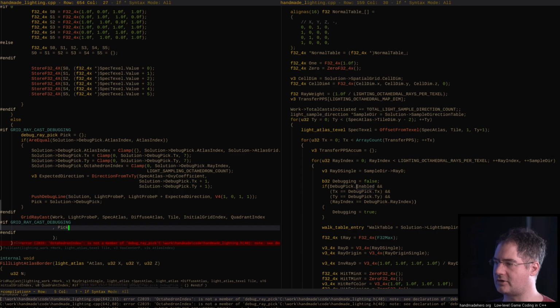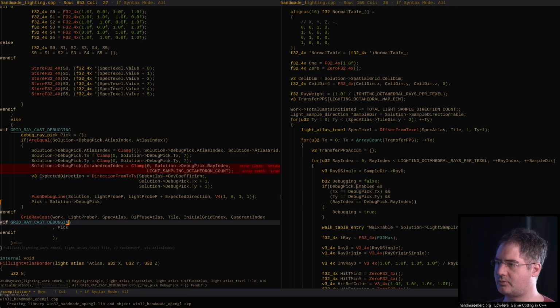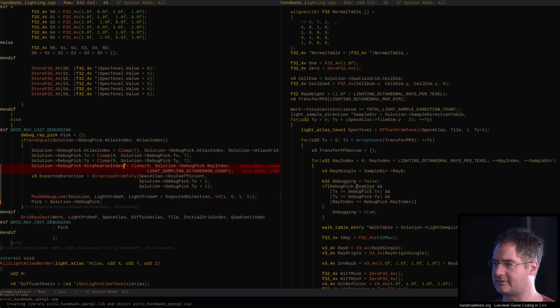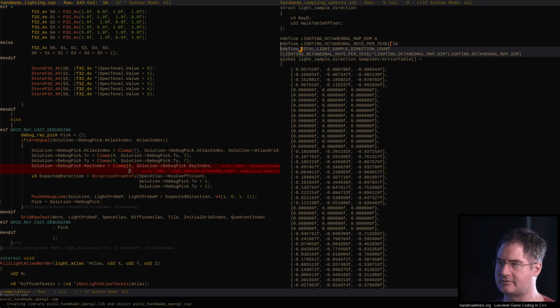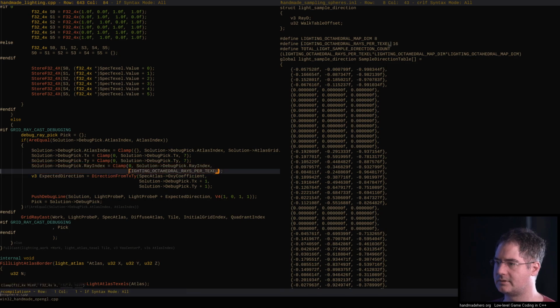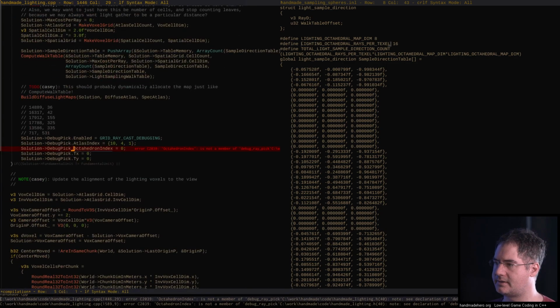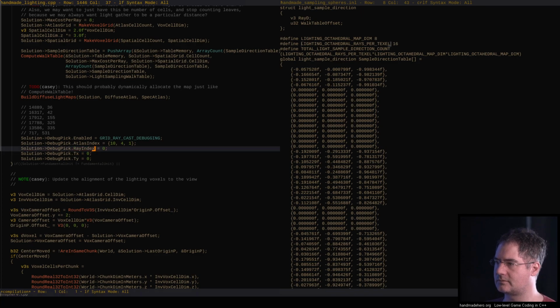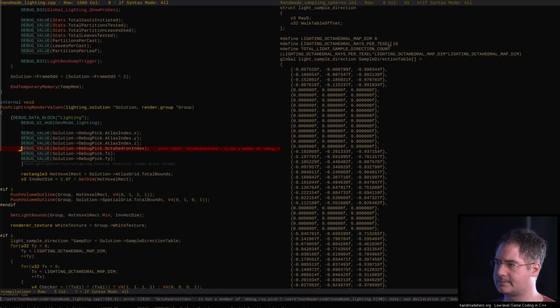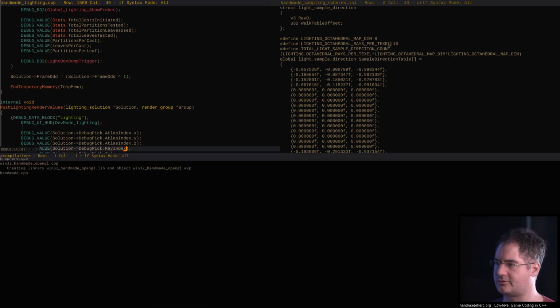So that leaves it off in the case where it's not the particular atlas, and on in the case where it is. The ray index has to be clamped now to whatever we called this value, so the per texel. And now I think we're good. So a lot of reorganization, but getting closer to a reasonable thing.